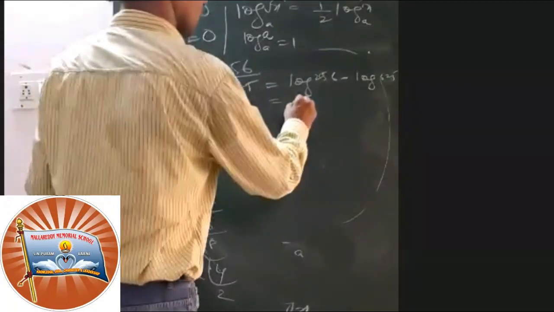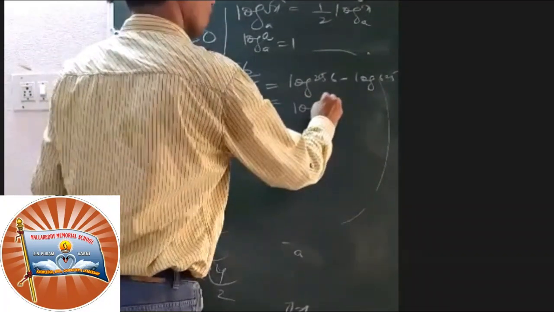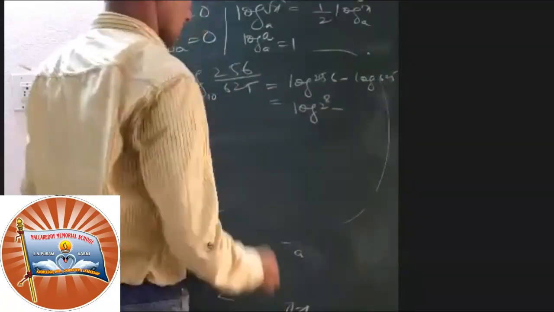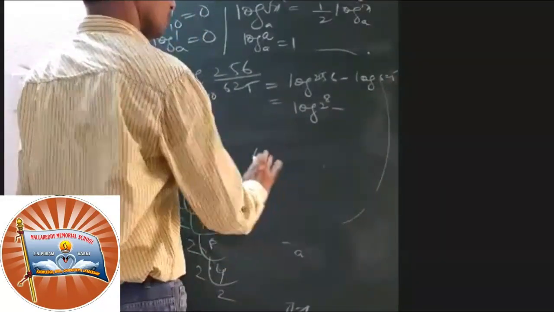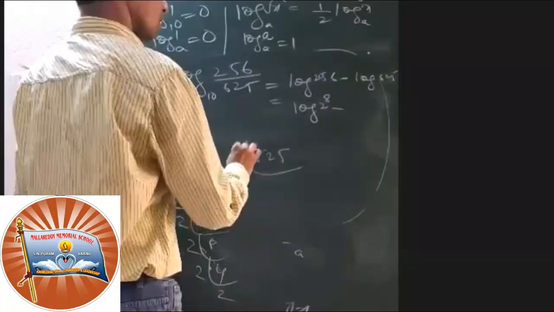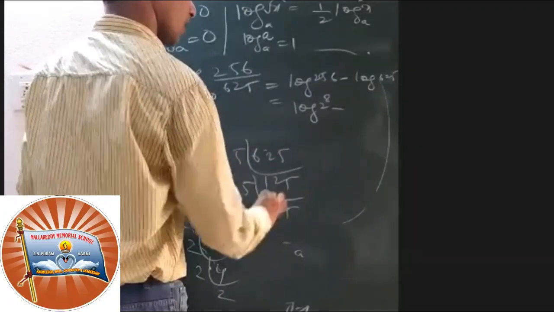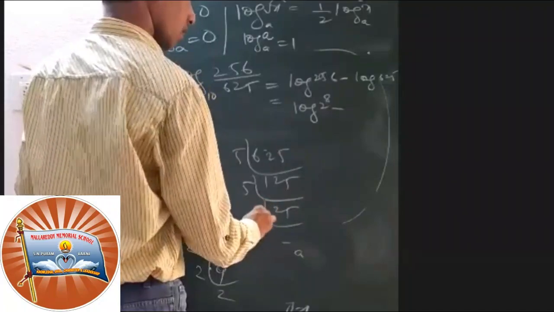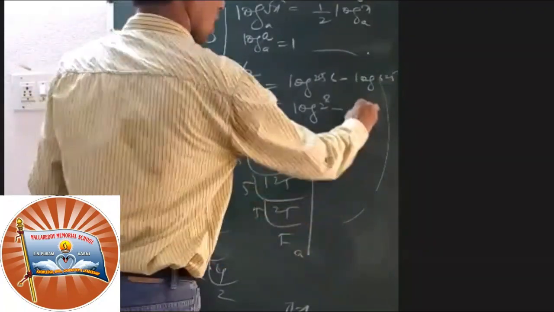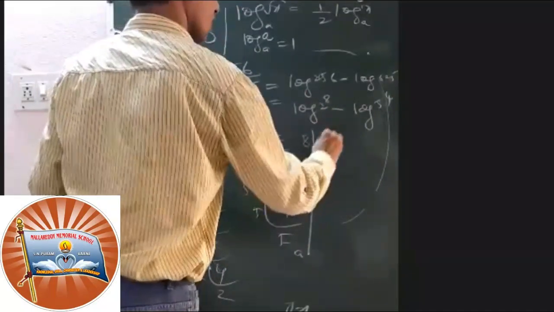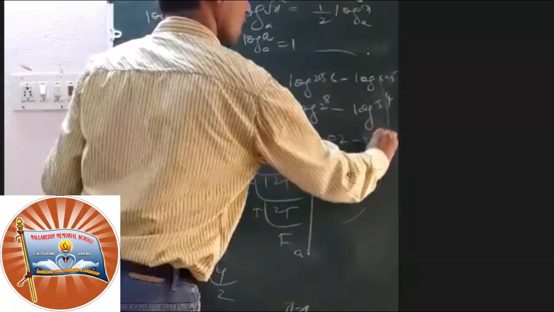Now I can write log 256 as log 2 to the power of 8. Again 625: 5 times 125, 5 times 25, 5 times 5. How many times? 4 times. Log 5 to the power of 4. Now it can be written as 8 log 2 minus 4 log 5.